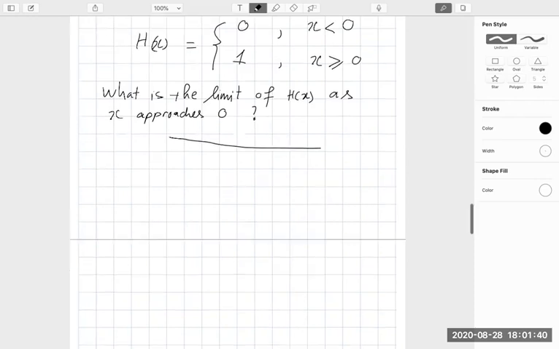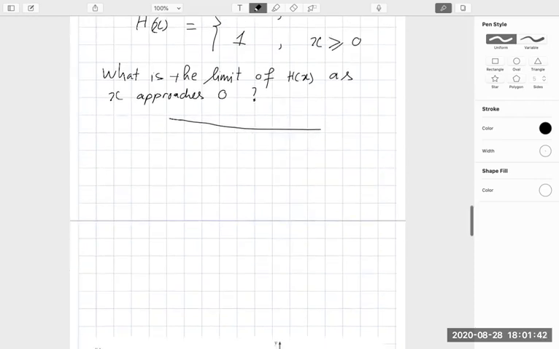Before doing this, let us graph this function and see how it looks like. So this is the y-axis, and this is the x-axis.